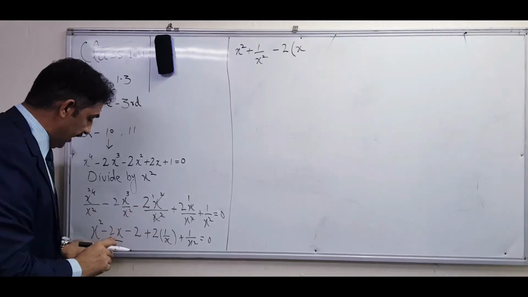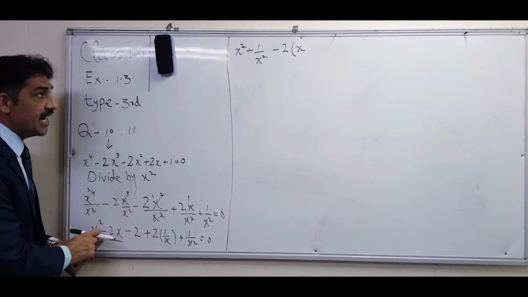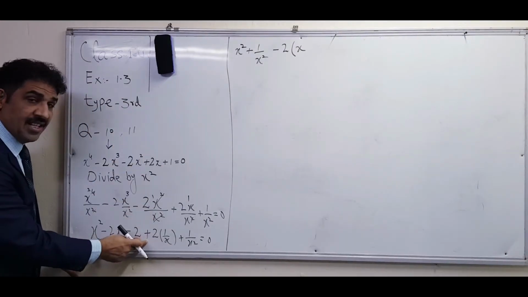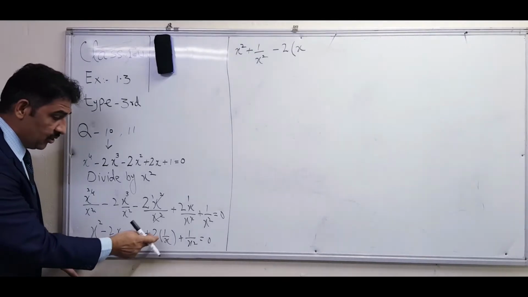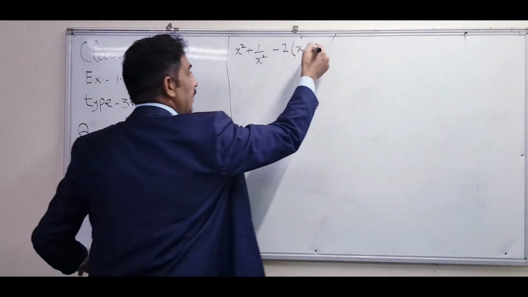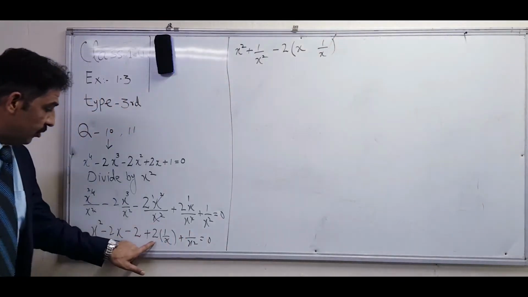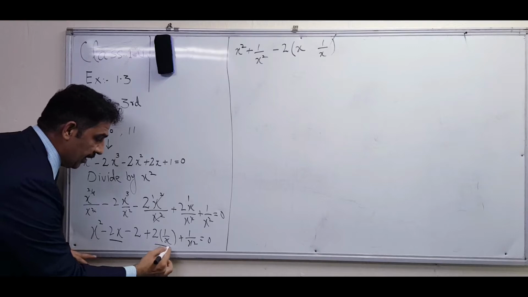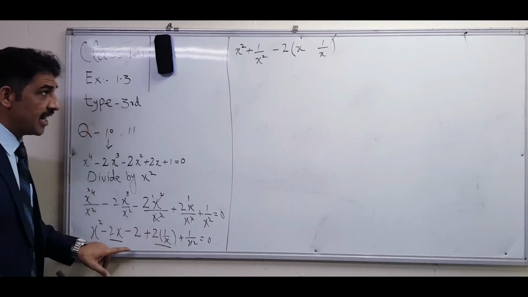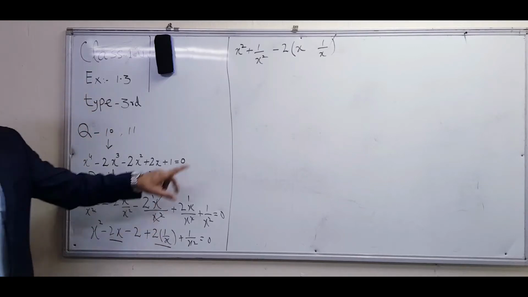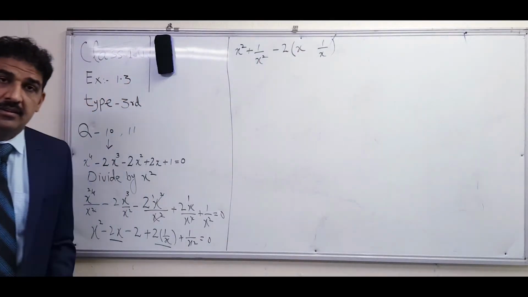This step is important to understand. When a negative sign is taken common, inside there is plus 2. We took 2 common, so remaining 1 over x. So my question is, 2 is taken common from both terms, x and 1 over x. Here it is plus, so which sign comes here?